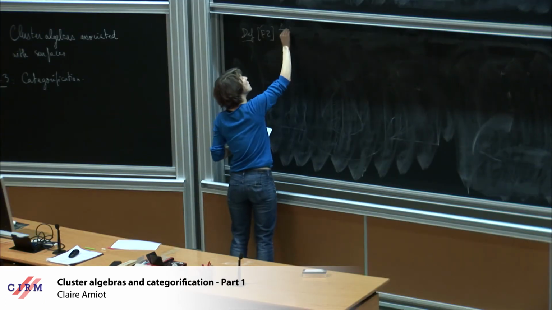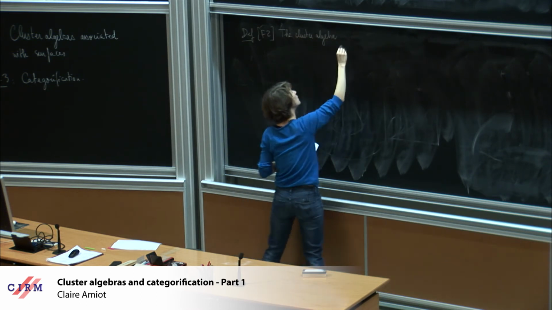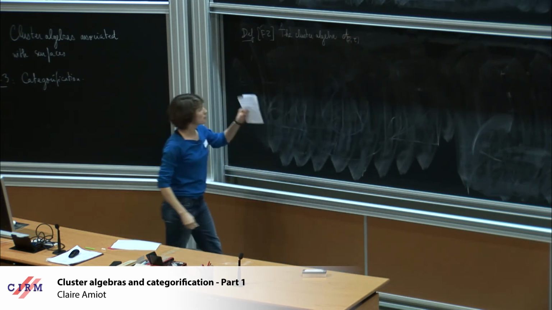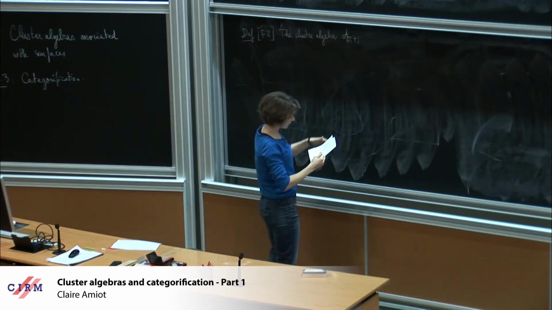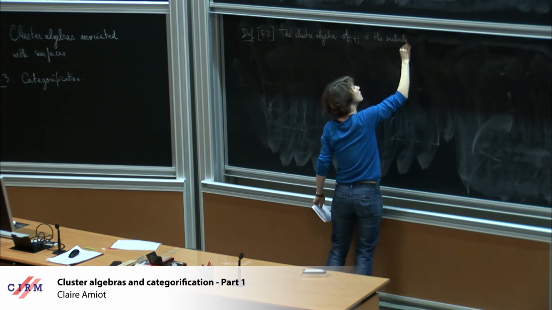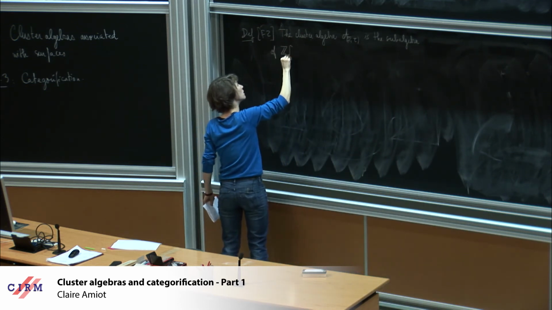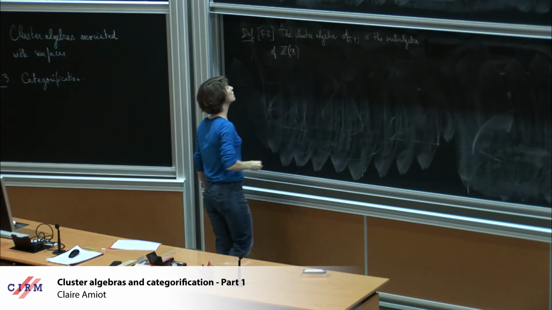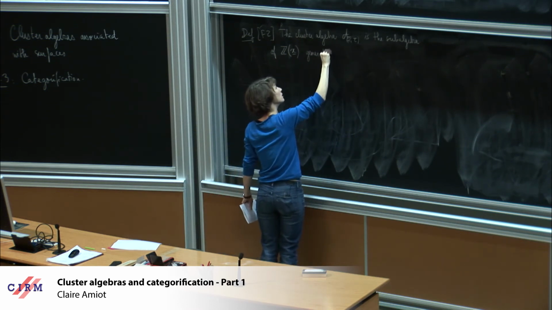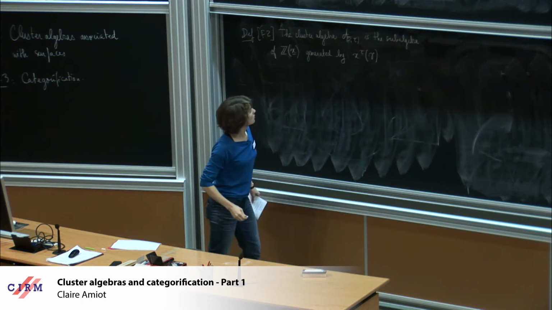So a cluster algebra associated to sigma, well, sigma tau, is the subalgebra of Z of x generated by the image of x tau.